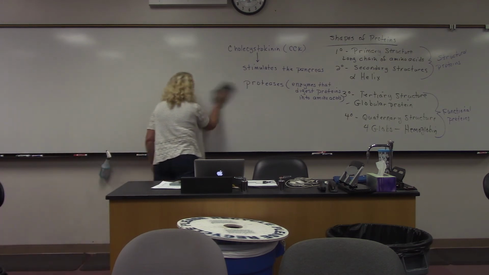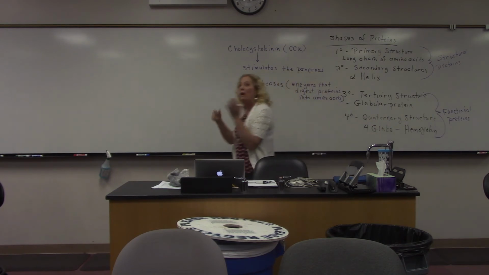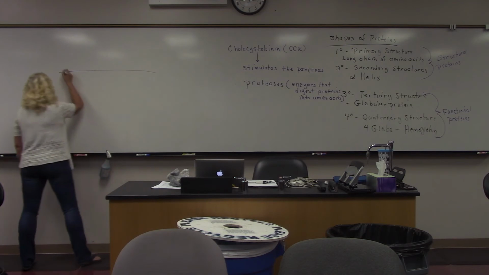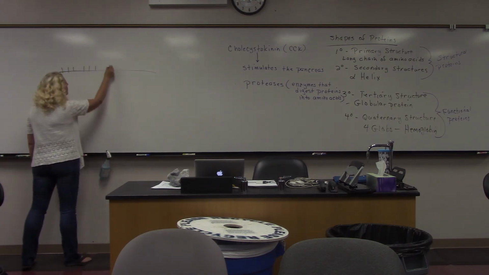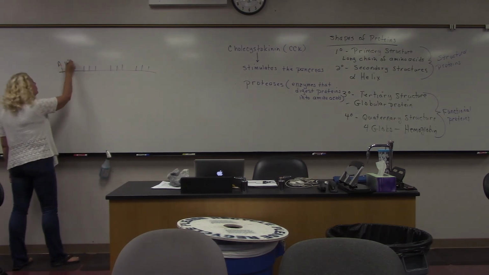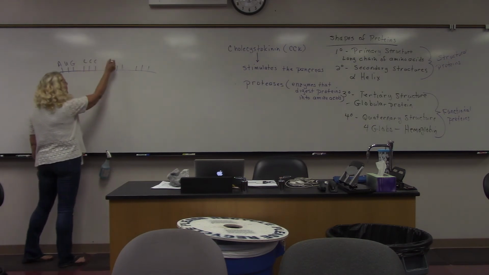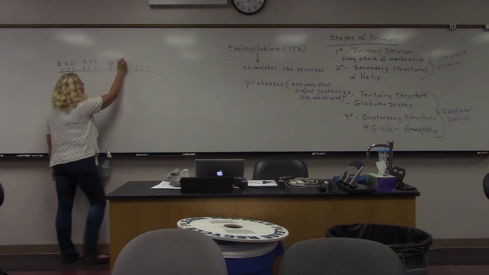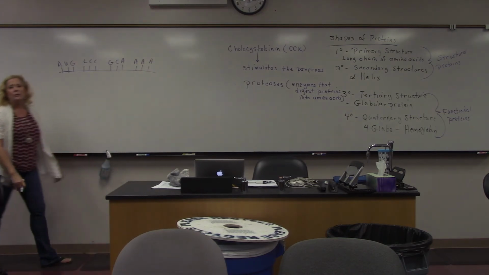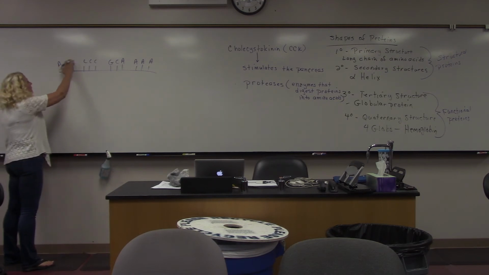So I'm going to have this one section of DNA, and we'll say this is part of a gene, okay? So I have A, U, G, and then we'll say C, C, C, G, C, A, A, A, A, okay? So this is just our one section of a gene. Oh, I'm sorry, that can't be that.